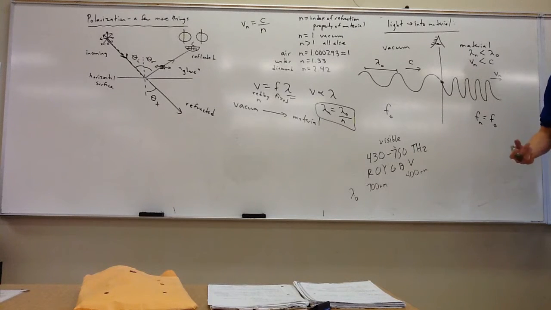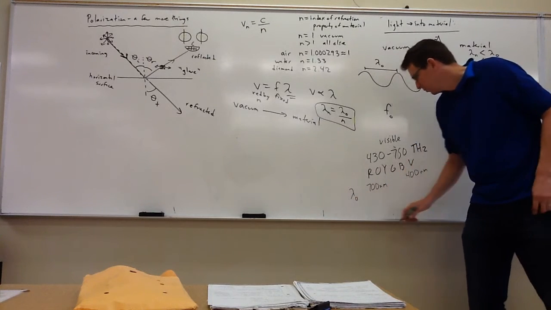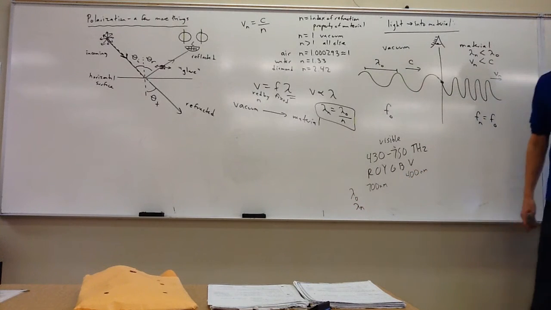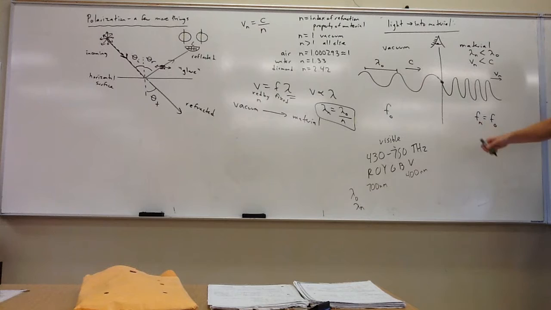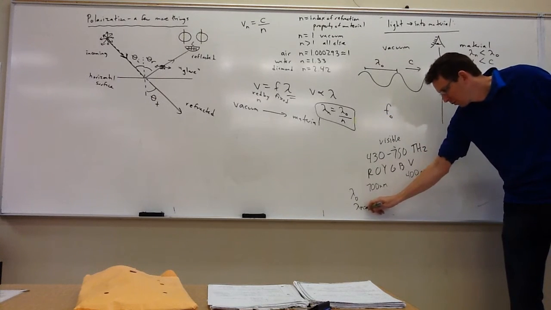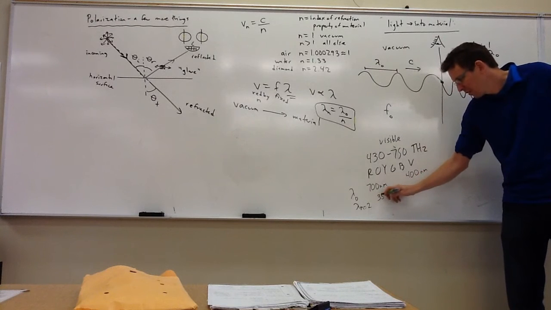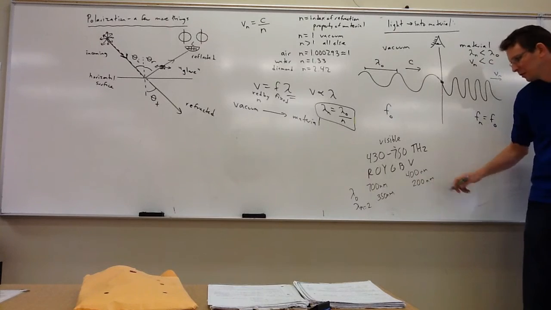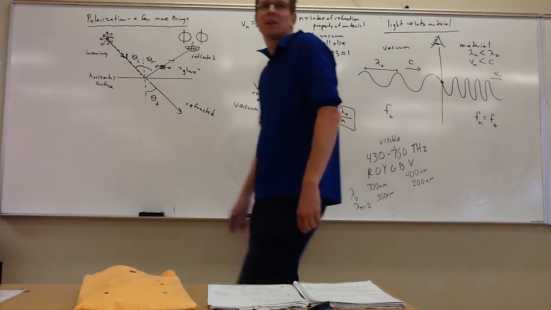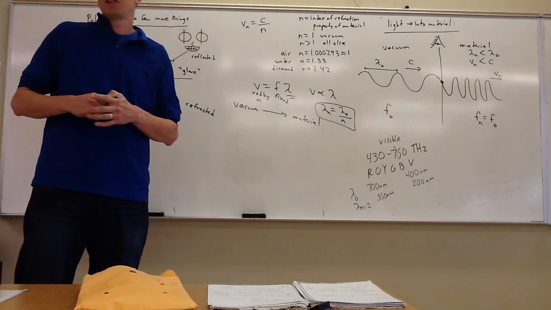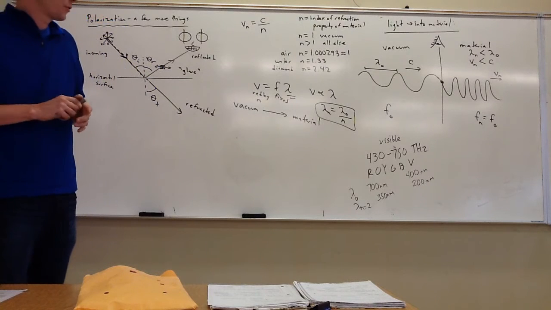If that's coming to me in a material where n equals 2, then those frequencies will correspond to wavelengths which are half as much. So let's put in n equals 2. Then red will be 350 nanometers, and violet will be 200. Okay? So visible light corresponds to particular frequencies always, but those frequencies do not always correspond to certain wavelengths.